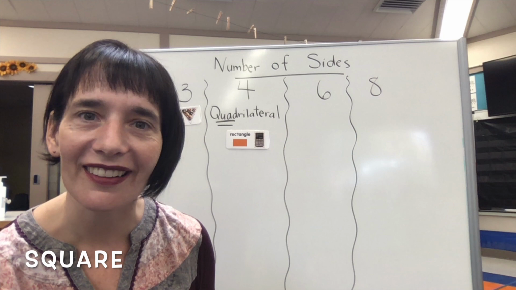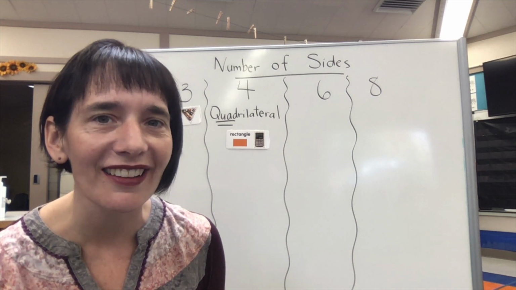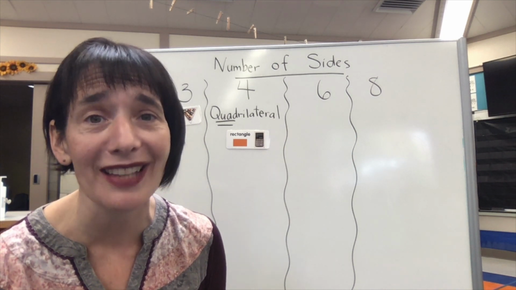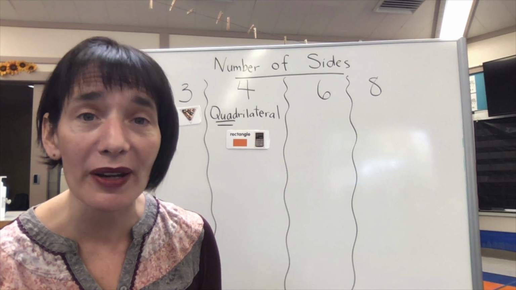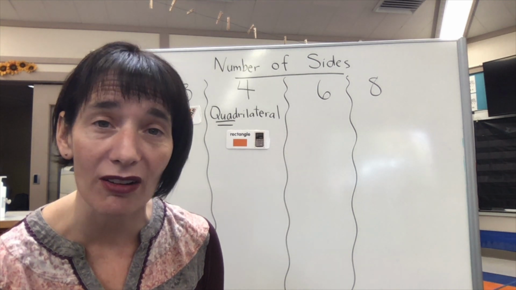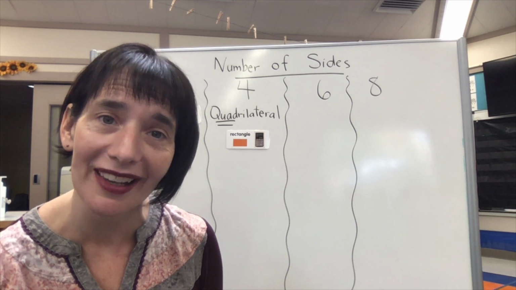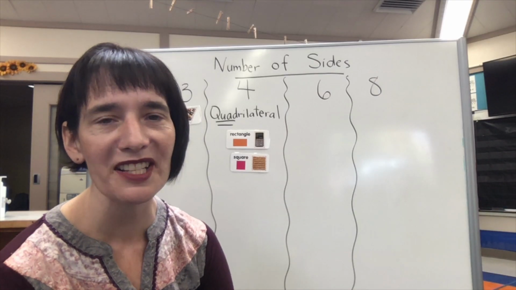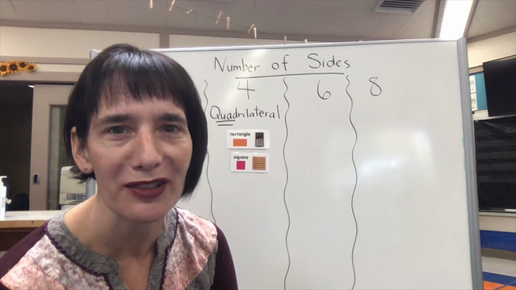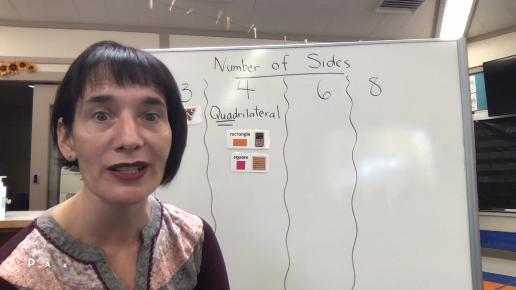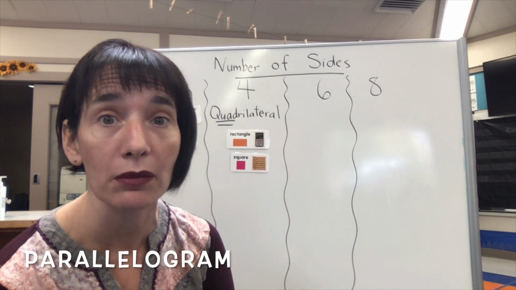Yeah, it's a square. Now, a square is actually a special type of rectangle. A square is basically a rectangle that has all 4 sides that are the same length. Okay, this next one is this next level of understanding about shapes. It's called a parallelogram.